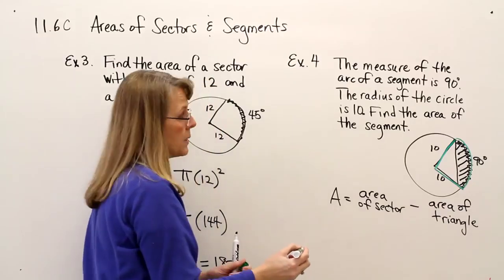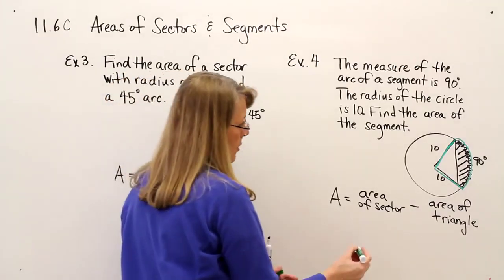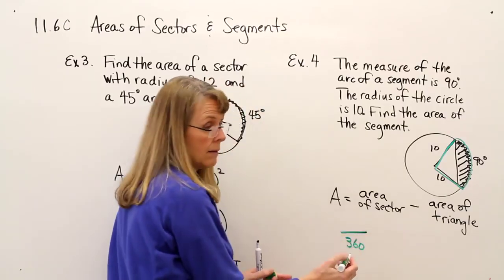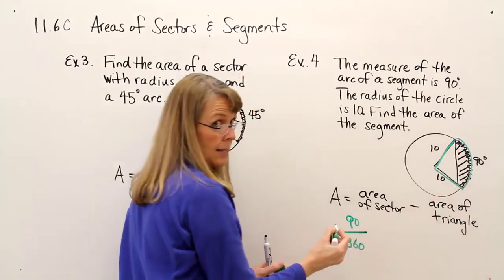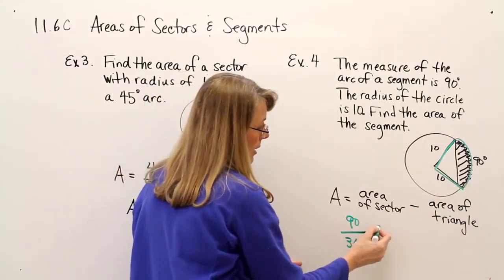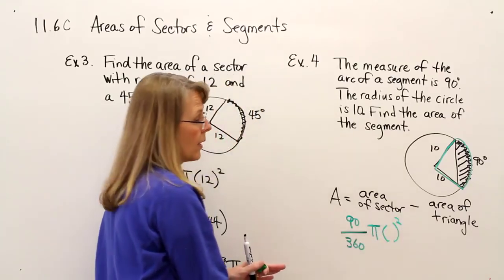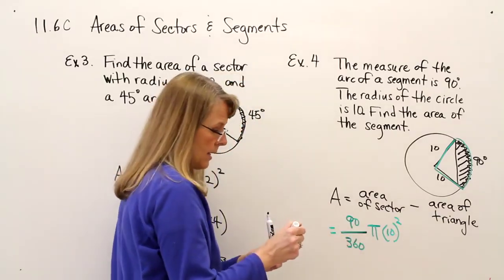All right, so just as we did a minute ago, I'm going to take a fraction of the circle. So the fraction will be out of 360. The arc that goes with that sector is 90. So it's a fraction of the area of a circle, pi times radius squared, and my radius is 10. That would be the sector.